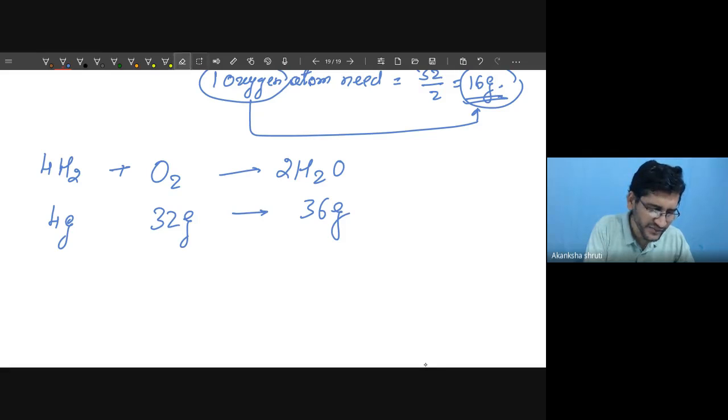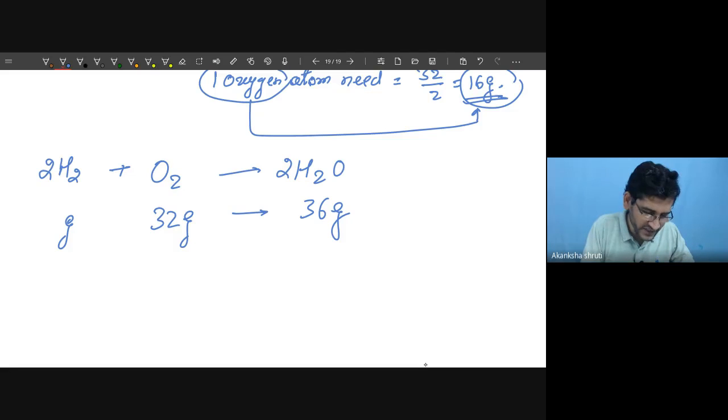Sorry, student, it is like this. It is not 4, but it is 2. So correct it. So H2, the 2, so total 4 is there. So we need to put the suffix 2 here.